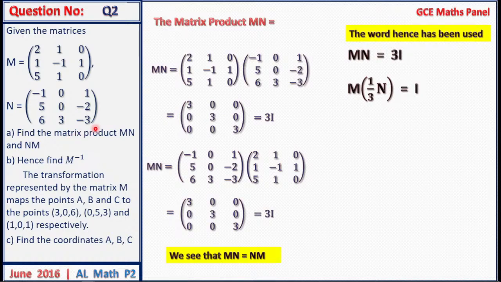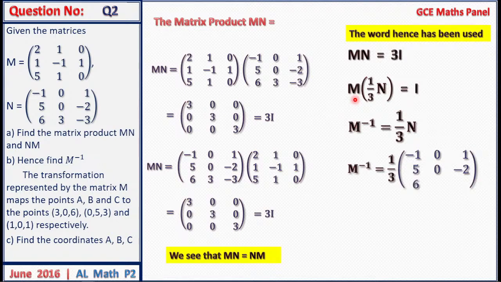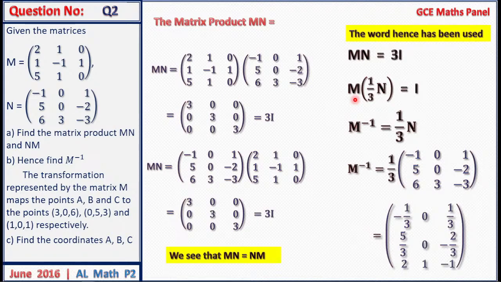So M has an inverse of 1/3 N, because the product of these two gives the identity matrix I. Equally, in terms of N, the inverse of N is 1/3 M. Therefore, the inverse of M equals 1/3 times the matrix N. So we divide all the entries of the matrix N by 3 to have this inverse, and this gives us the values which you can see.